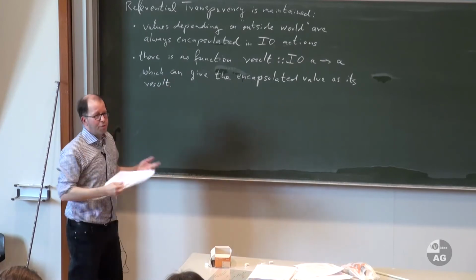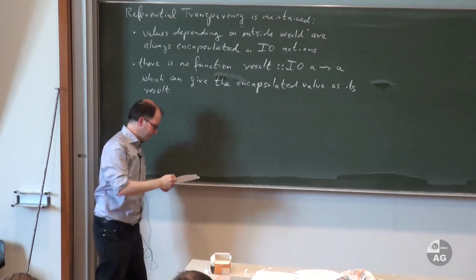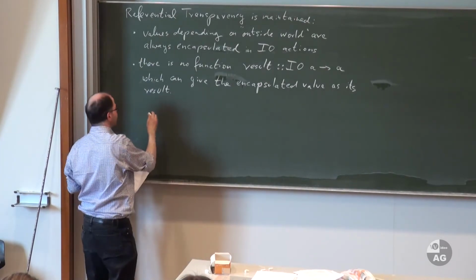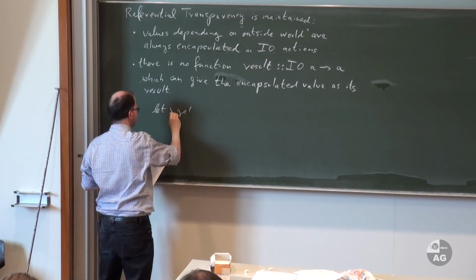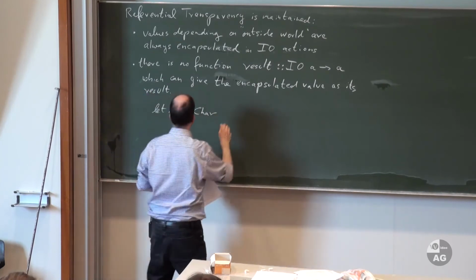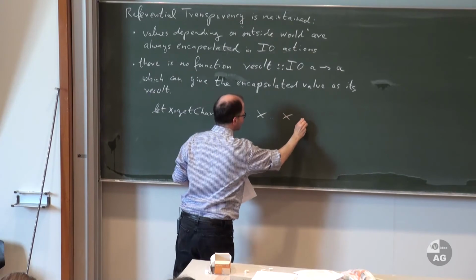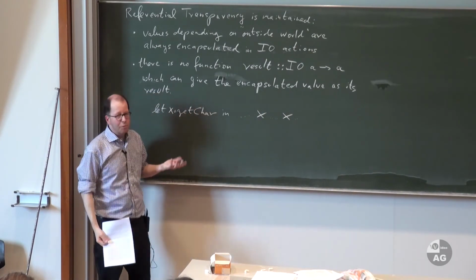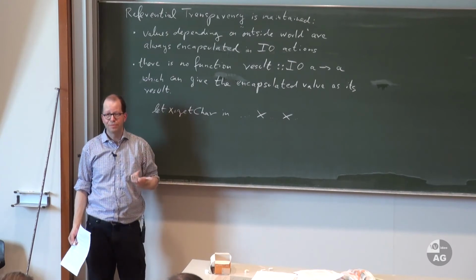And this is really important because otherwise we would have this problem of referential transparency violated. I mean, if you think of it, if I do this, let x be get character in, and then you have an expression where x occurs twice, what will happen? How many characters will I read? Will I read 1 or will I read 2?